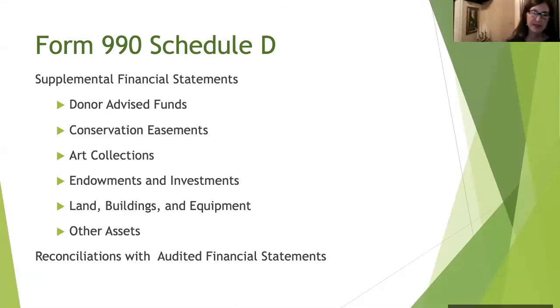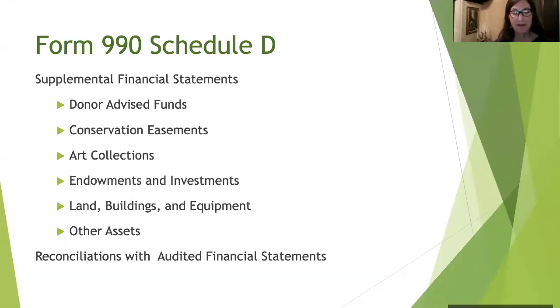So we're going to skip ahead to Schedule D. Schedule D is lots of supplemental financial statements. It will take you a while to complete all this too. If you have an endowment, all your information about your endowments is listed here.